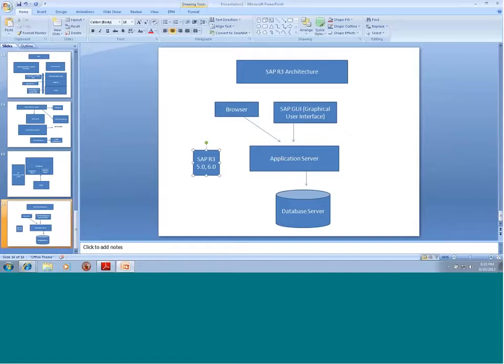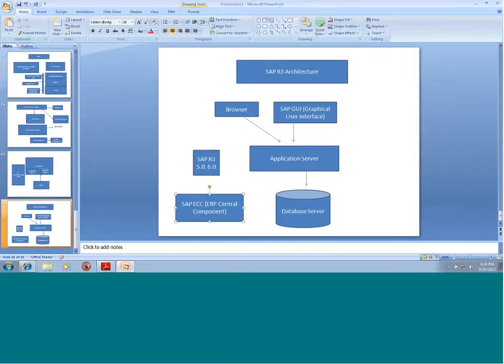In the year 2003-2004, when SAP R3 moved into the 5.0 version, SAP took away the concept of R3 and moved on to a new naming nomenclature called SAP ECC, and ECC refers to ERP Central Component.